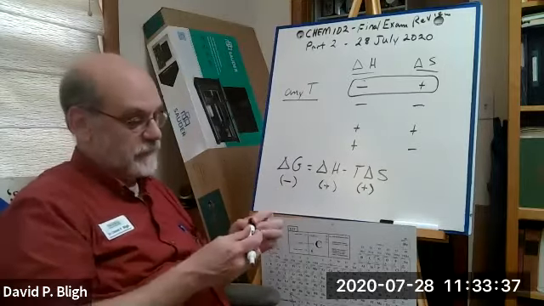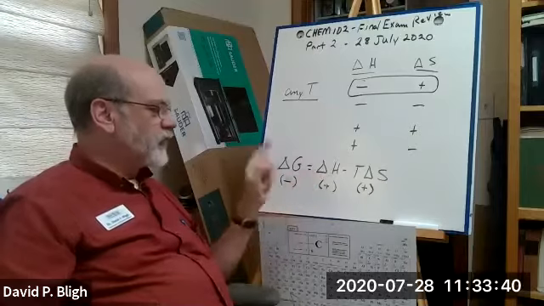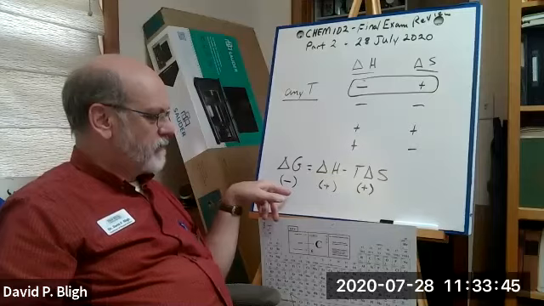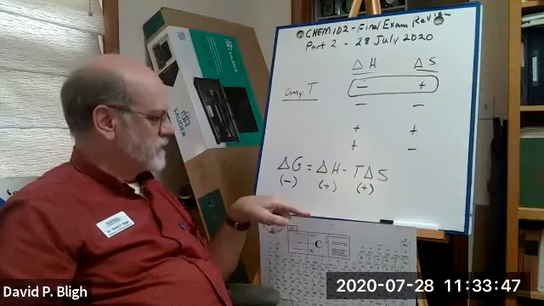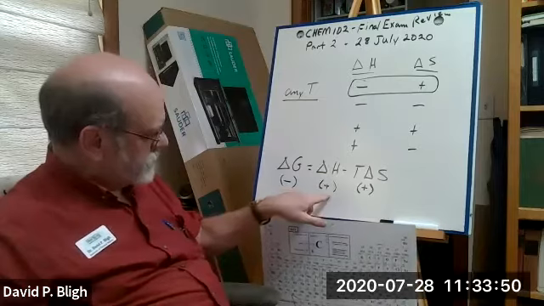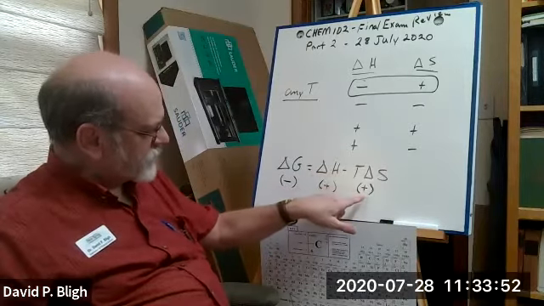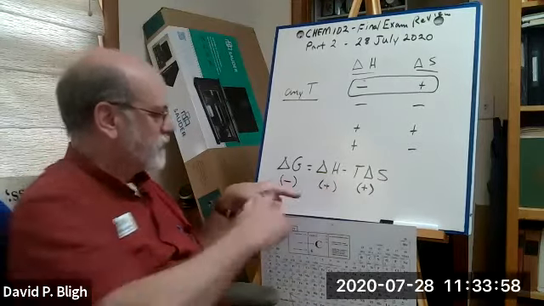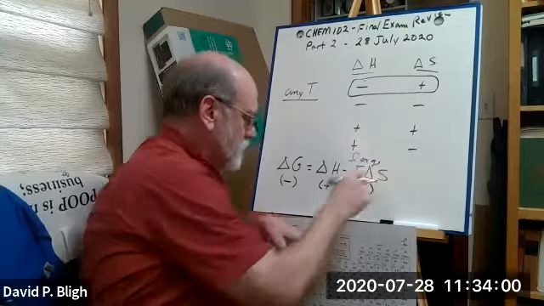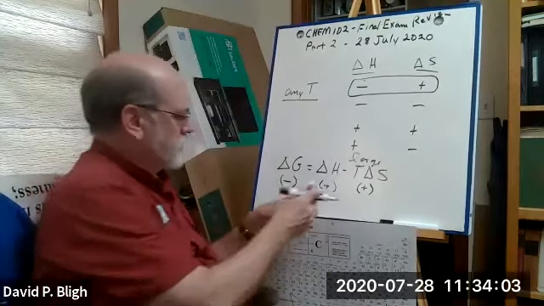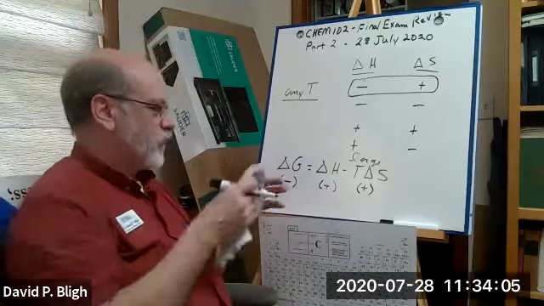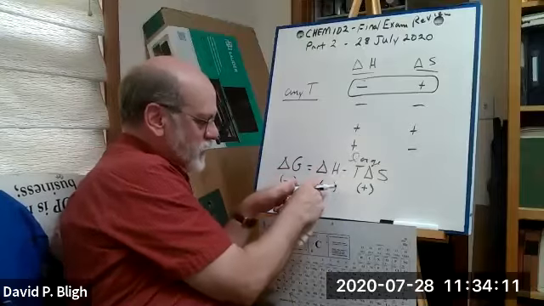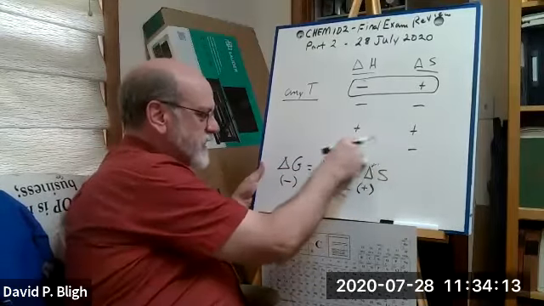Then under what temperature regime would this still be negative? If that's positive, wait a minute, if that's positive and delta S is positive, then T would have to be a large temperature to make this negative. So large T there. What did I say before? Oh, both of them were negative before. So under positive, positive, a large T gives you spontaneity.